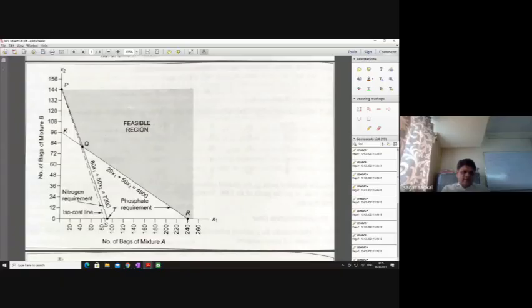Is it okay? Then 80x1 plus 50x2 is line PT. Line KR is first line. Line PT is another line.